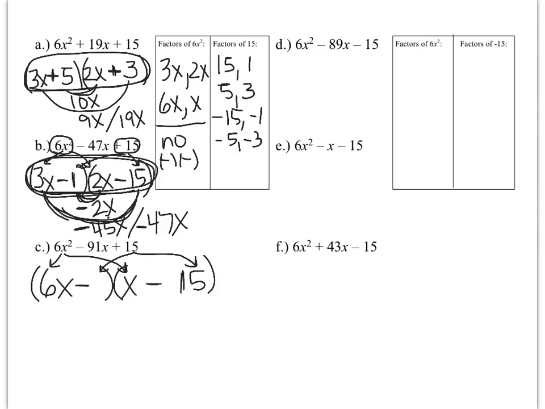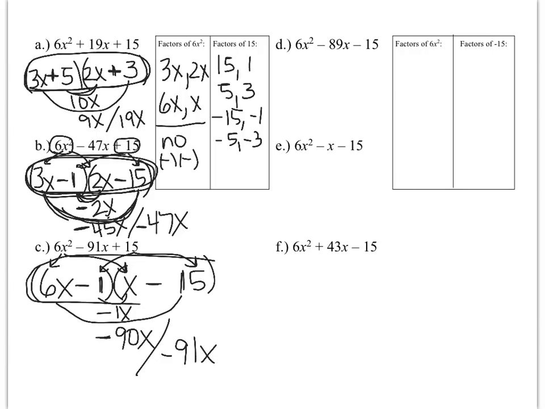And then here I'm going to put the 1. In fact, 15 times 6 is 90. So negative 15 times 6 is going to give me negative 90x. And then this is going to give me negative 1x. And if you combine those middle terms, you get that middle term of negative 91x. So this right here are your factors.